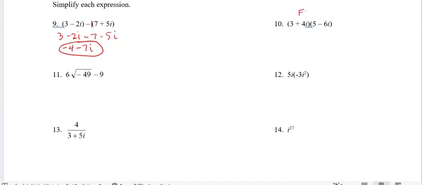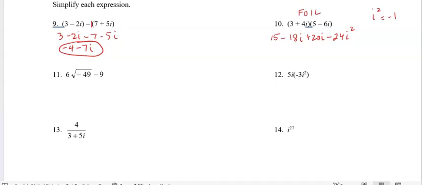Number 10 is a FOIL problem. So 3 times 5 is 15. Outside, 3 times -6i is -18i. Inside, 5 times 4i is +20i. And last, 4i times -6i is -24i squared. But we've said this many times, i squared is equal to -1.